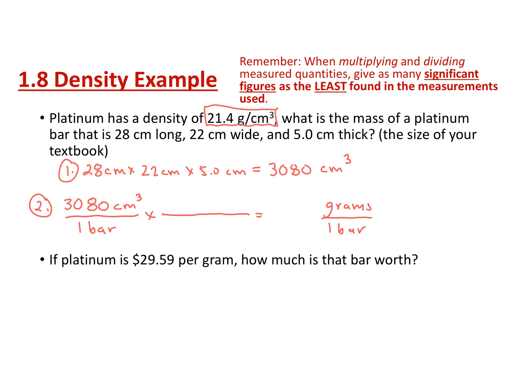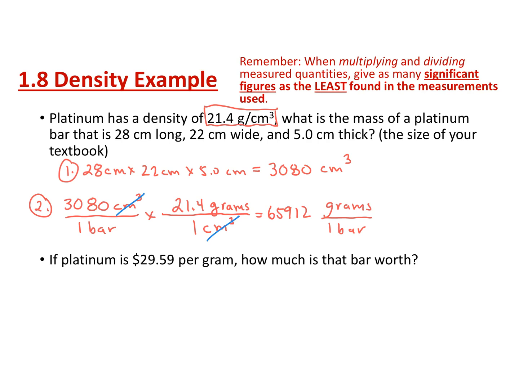And I want volume to cancel out, so my density tells me that I have 21.4 grams per 1 cubic centimeter. So cubic centimeters would cancel out, and that would give me a final answer of approximately 65,912 grams.